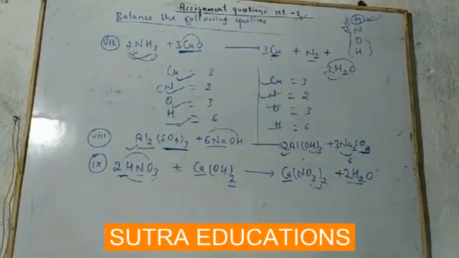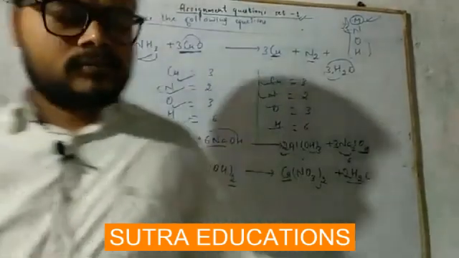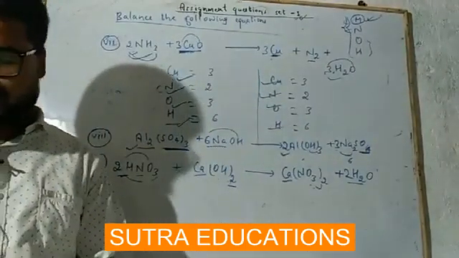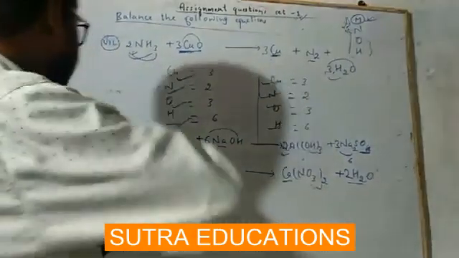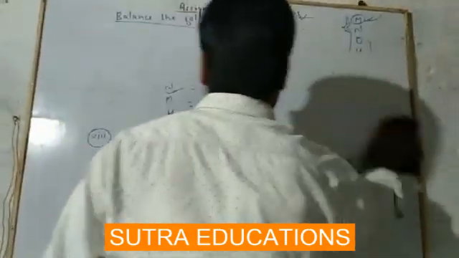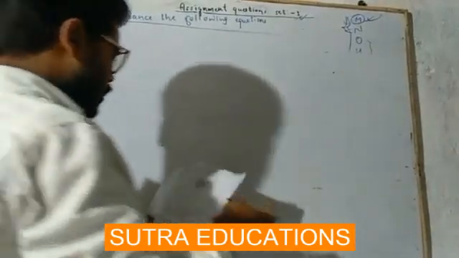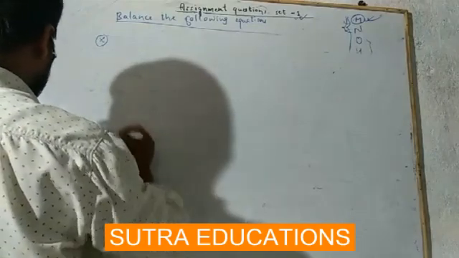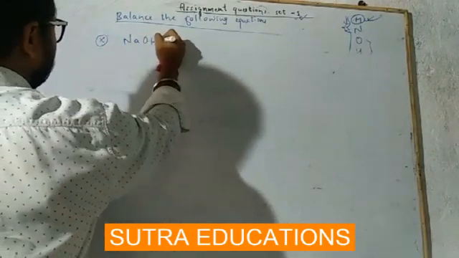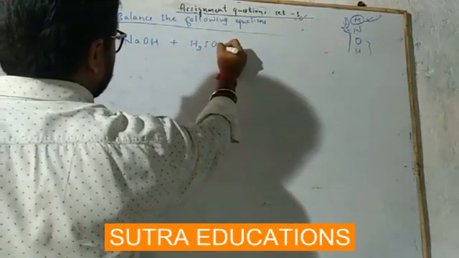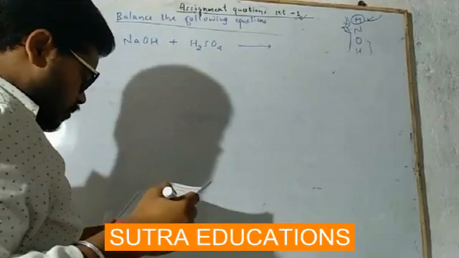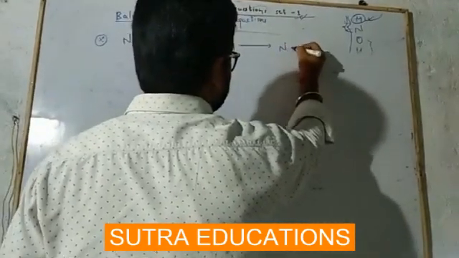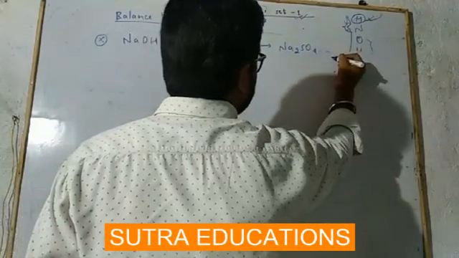Okay. Come to the next question. It is 10th, and it is NaOH plus H2SO4 gives Na2SO4 plus H2O.